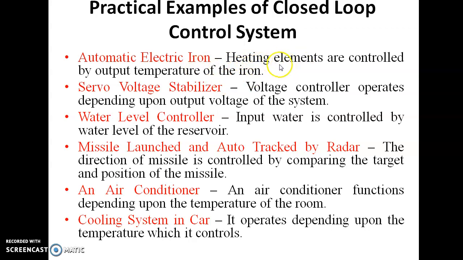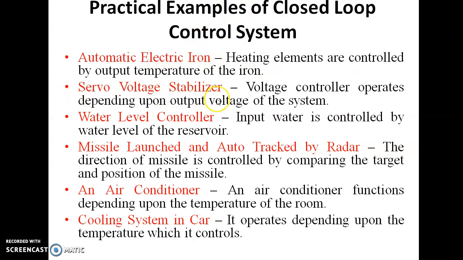It will remain in that range because through the feedback the temperature is given to the summing point, and it will maintain the output temperature in that range. So the temperature sensor has a role in the feedback path.